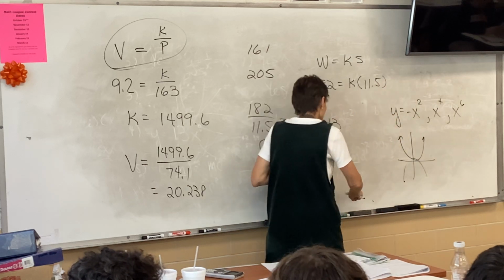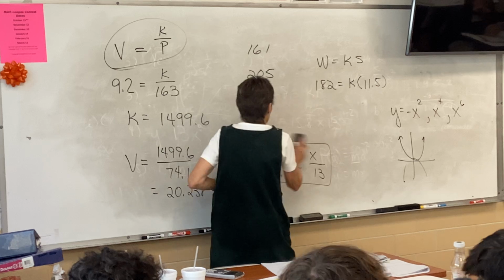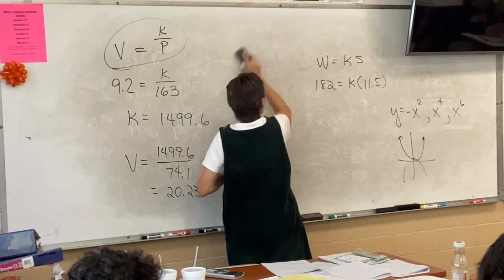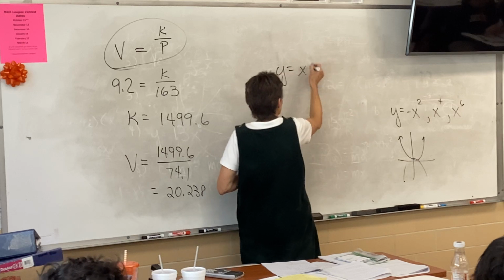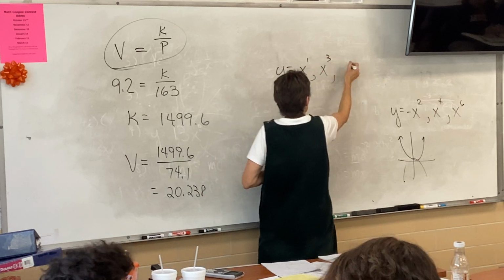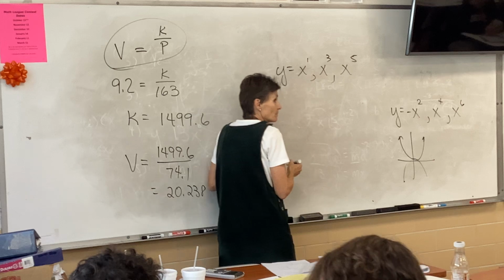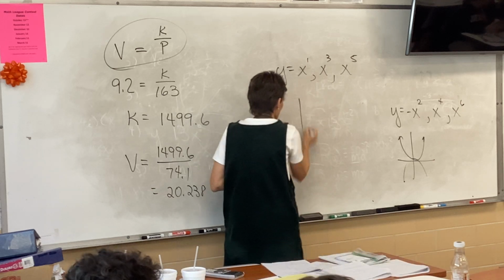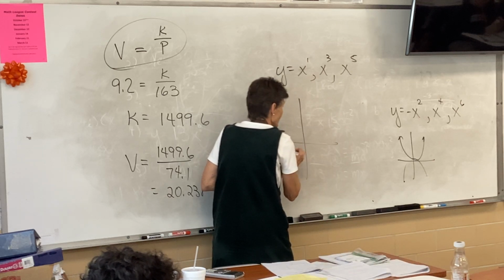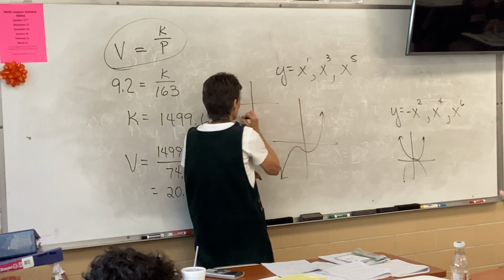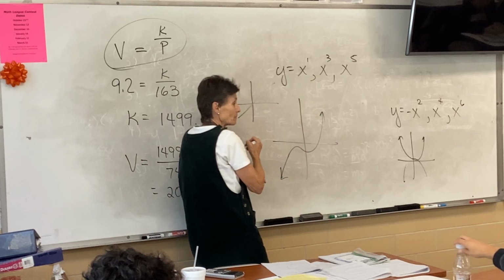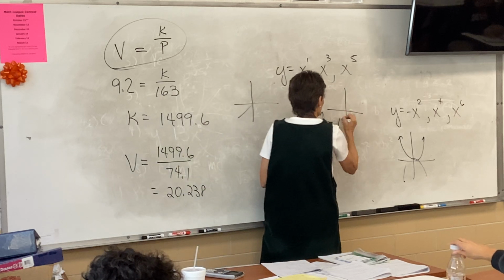If it's odd behavior, odd degree, so in other words, if it's something like y equals x to the 1st, x to the 3rd, x to the 5th, then its behavior is down, up. Think of a line. Think of your linear function. Doesn't it look like that? Think of your cubing function. It looks like that.